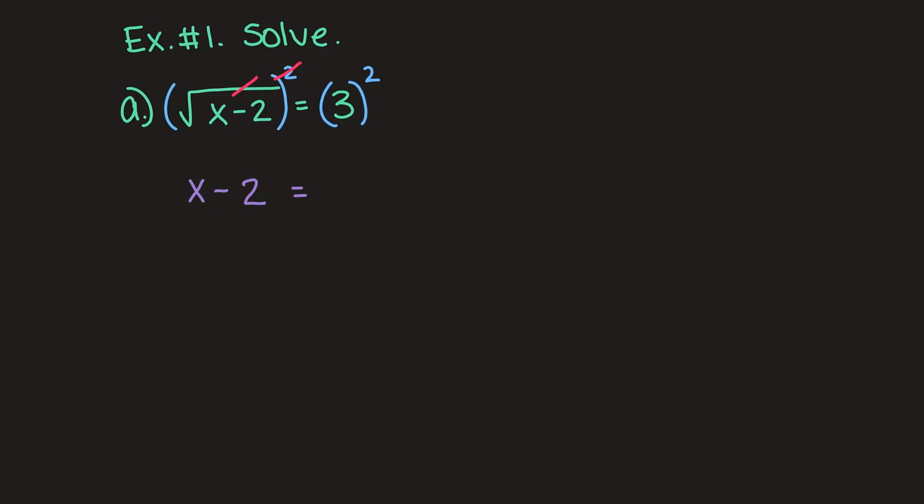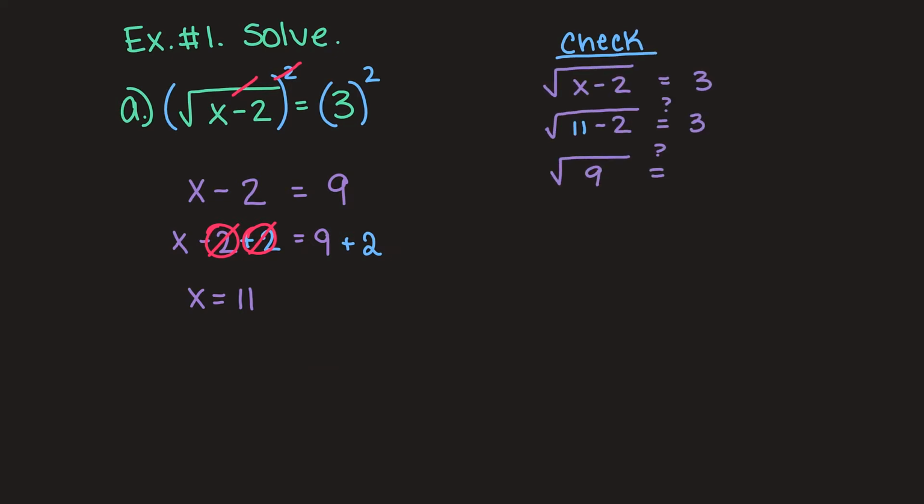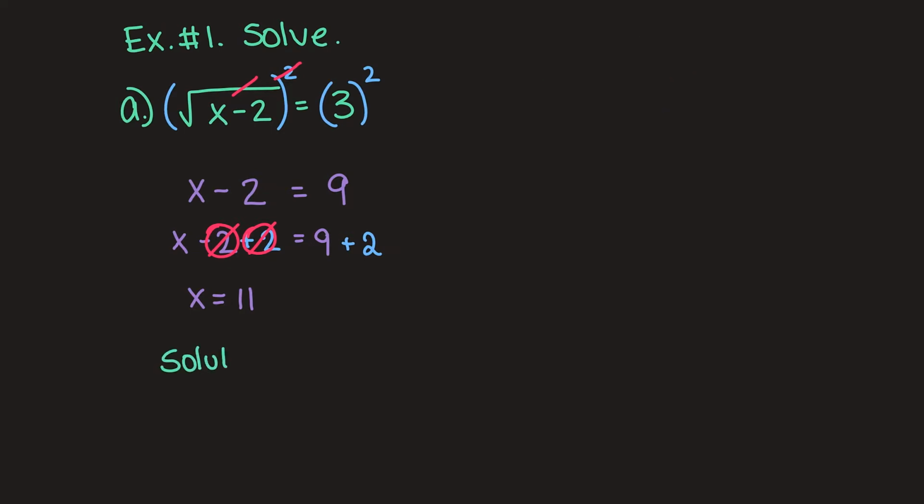The right side simplifies to 3 squared, which is 9. And now we can just solve this new equation for x. This will give us x equals 11. We will need to check this proposed solution in our original equation to be sure that it is not an extraneous solution. So checking our solution, this gives us a true statement, therefore 11 is our solution.